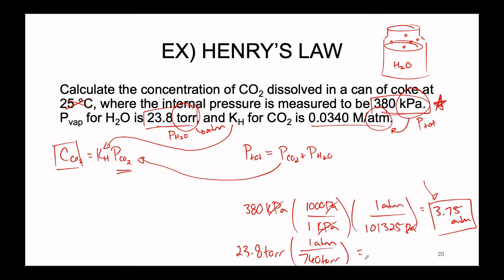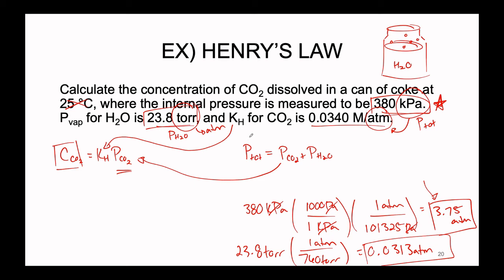And this is the only conversion we have to do since it's a direct conversion. There's no metric prefixes or anything included. The pressure of our water is equal to 0.0313 atmospheres, which is definitely a very small fraction, right? A very small percentage compared to the total pressure inside.